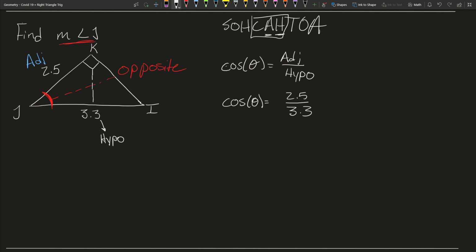Okay, so now again we need to get theta by itself. So we just want theta here. We don't want cosine of theta. We just want theta. So in order to undo that cosine, we have to take the inverse cosine of both sides. And what we do to one side, we have to do to the other.